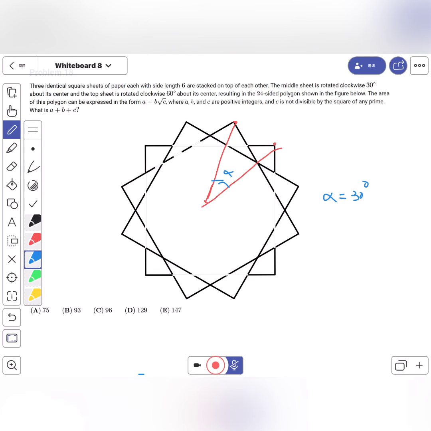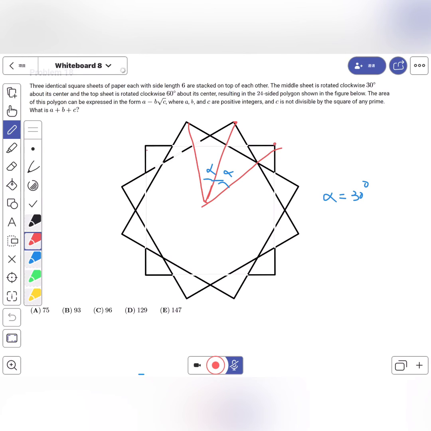When we see 30 degrees, we immediately have an idea of creating some 30, 60, 90 triangles, or using the condition of 30 degrees, because 30 degrees is a special angle on the unit circle. Therefore, when we connect this line, we also have another alpha.